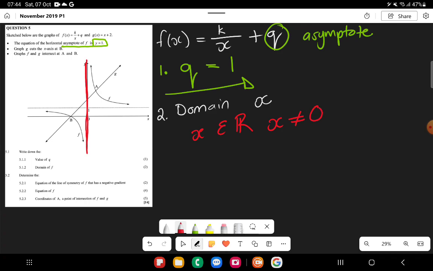Another way of writing it would be to say that x is an element of, open bracket, negative infinity until 0, open bracket, and union 0, comma, positive infinity, close bracket. Now, I just want to remind you that the round bracket means that it does not include.